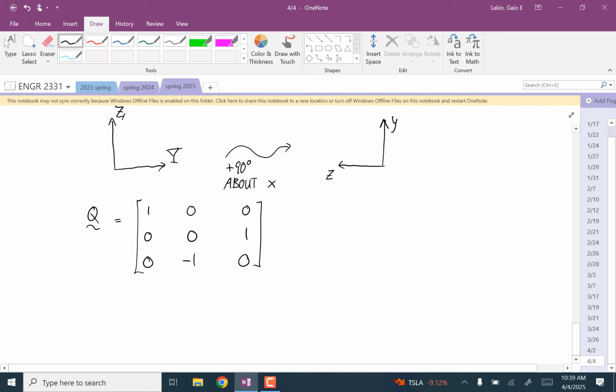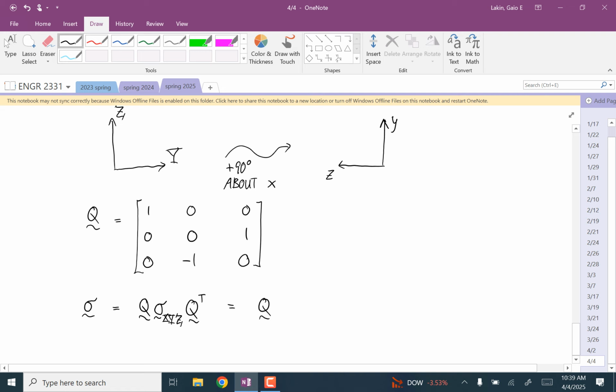And so our final stress tensor is Q times our starting stress tensor that we got in that temporary coordinate system, times Q transpose.